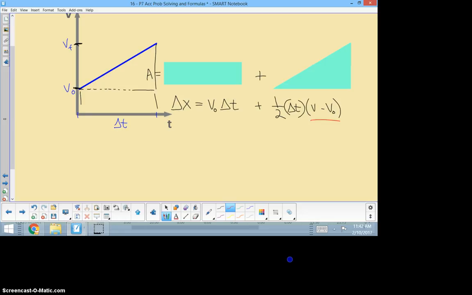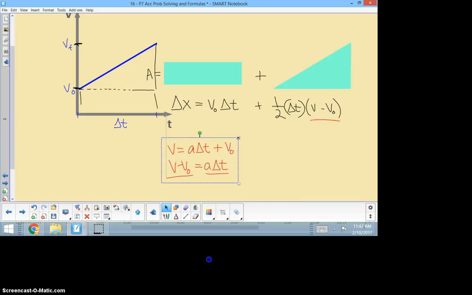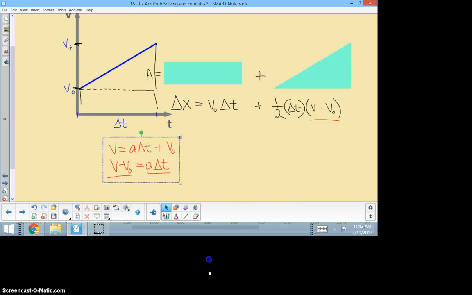If you go back to our equation that we first mentioned, v equals a delta t plus v0, if you subtract v0 from each side, what you'll notice is that this is now stated as being equivalent to that. And as a result, people will often substitute this portion in up here.